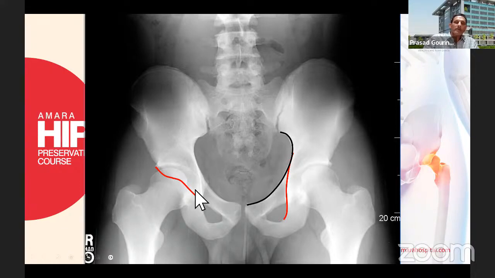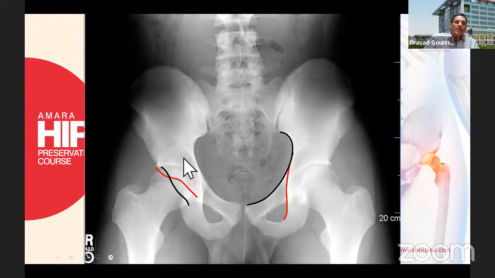In comparison, the posterior wall is somewhat more vertical and goes to the lateral edge of the ischium. So the posterior wall is more vertical, the anterior wall is more horizontal. The anterior wall has an S shape to it.